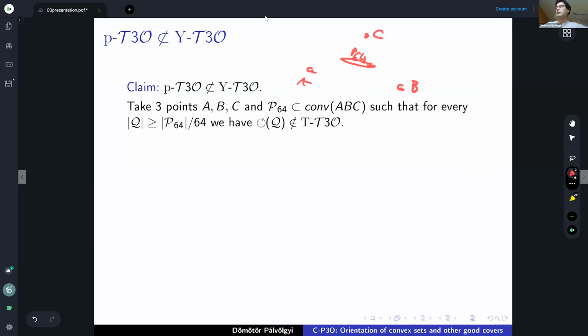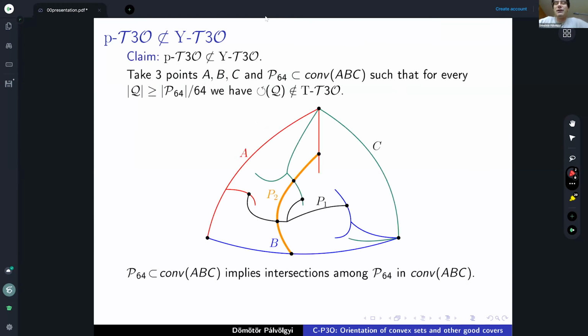I think unfortunately this drawing will disappear when I turn the page, but it's okay. As I mentioned earlier, I didn't prove it, but because all these points are inside the convex hull of ABC, that will imply that all the interesting stuff, like the intersections, will happen inside ABC.